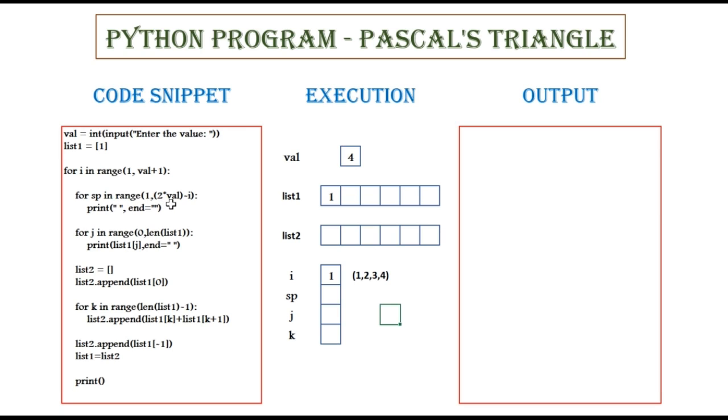The value of 2 into val is 8, minus i. The value of i is currently 1, so 8 minus 1 is 7. So sp will be in the range of 1 to 7. But since range ignores the last value, sp is going to hold the values 1 to 6.